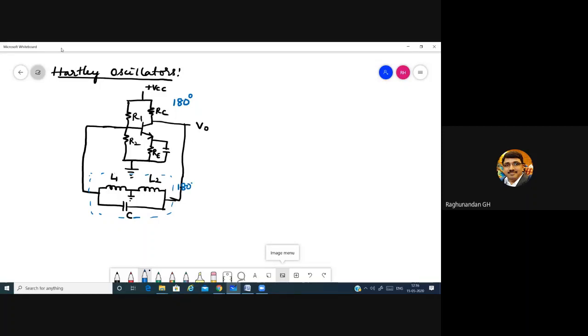So the total phase shift achieved by this Hartley oscillator is 360 degrees, which satisfies the Barkhausen criterion. We are using the voltage divider bias circuit because of its highest stability among all other biasing circuits. Here two inductors will be used.